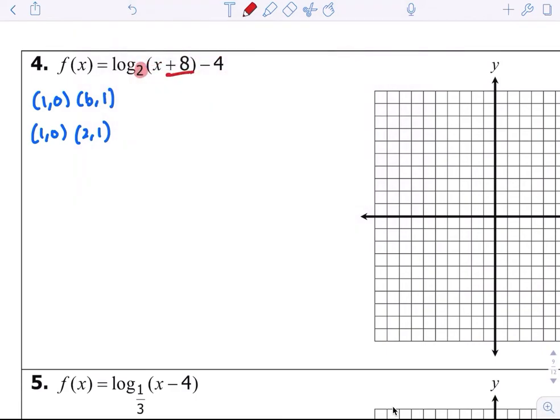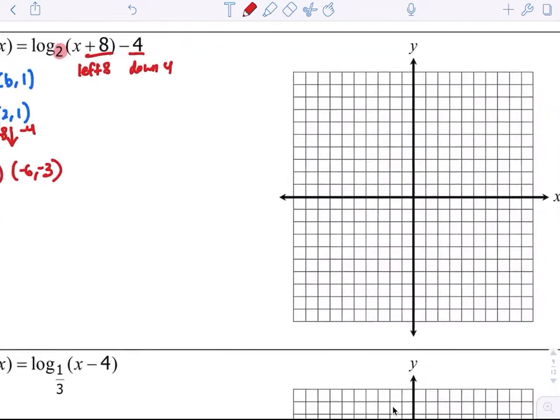From this, we know it's left 8, and from this, we know it's down 4. This affects our parent function by going left 8, which is -8 to the x coordinates, and down 4, which is -4 to the y coordinates. We're going to have -7, -4, and we're going to have -6, -3.